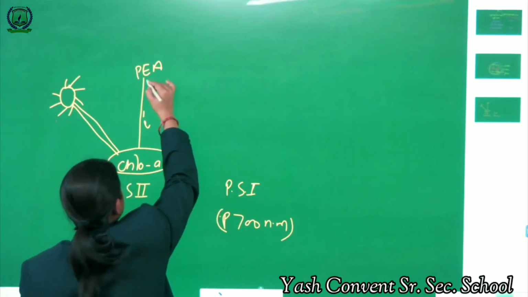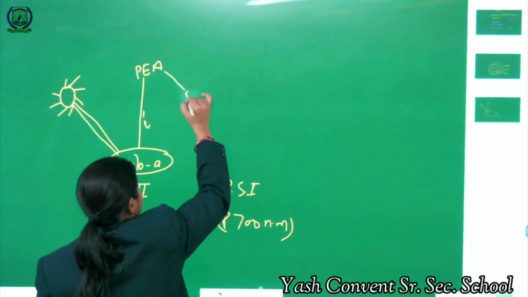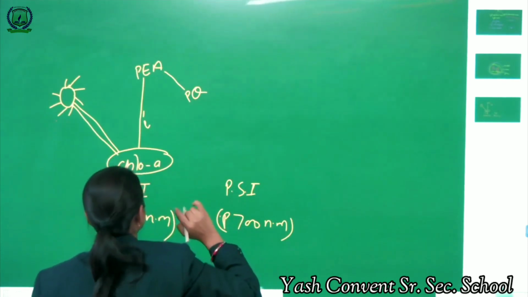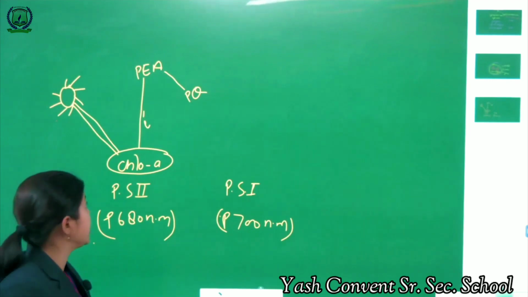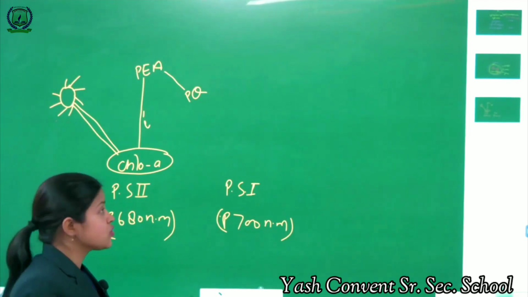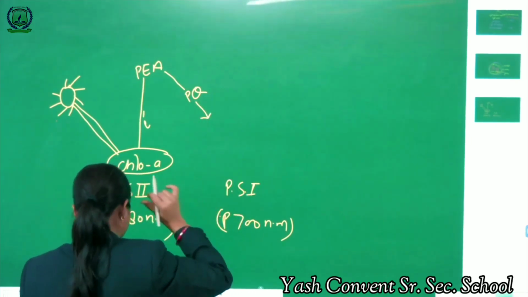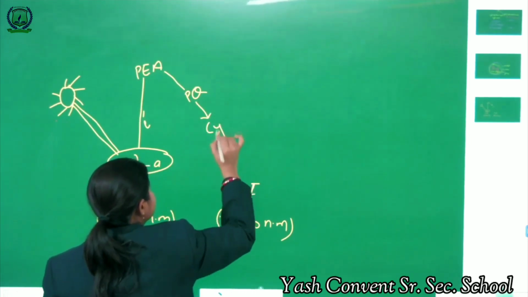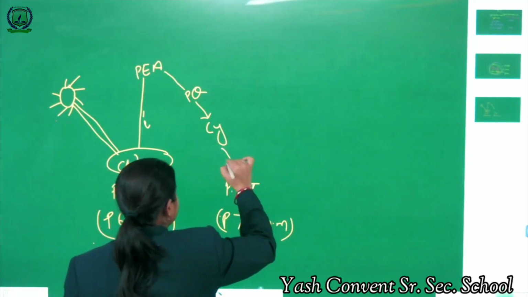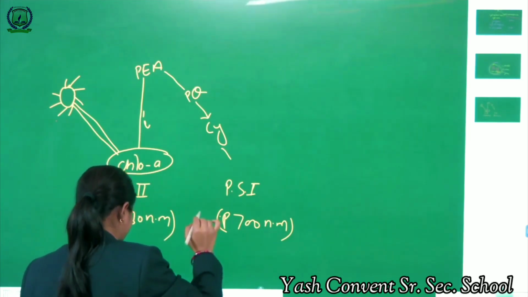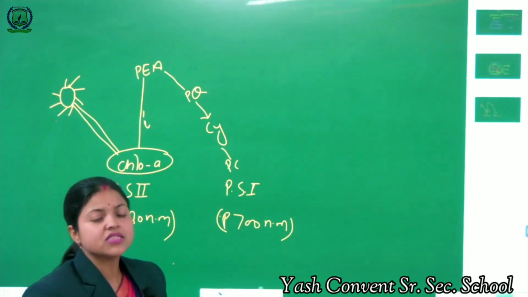Then the primary electron acceptor transfers the electron to PQ, which stands for plastoquinone. PQ transfers the electron to CY, which stands for cytochrome, and then to PC, which stands for plastocyanin.